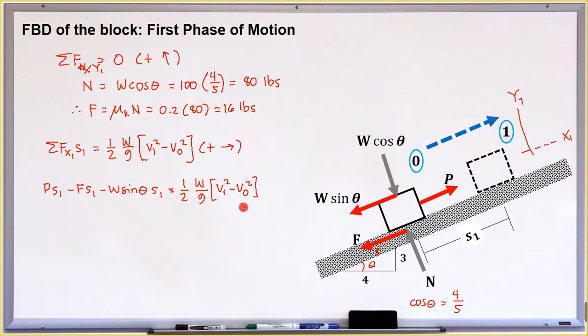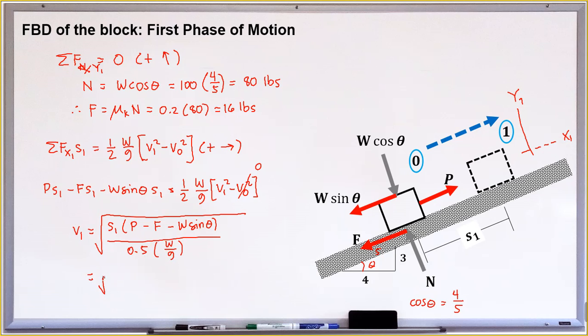Remember, starting from rest, so V naught is equal to 0 na siya. So therefore, our V1 is equal to the square root, we can factor out S1, then P minus F minus W sine theta, then over 1/2 W over g.